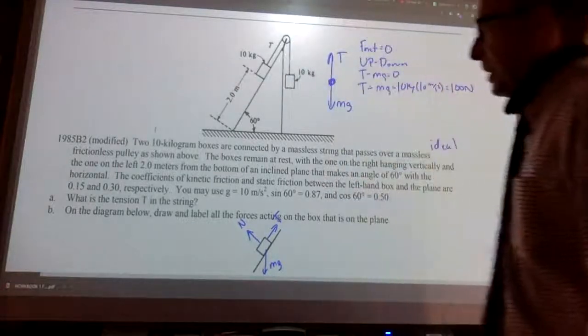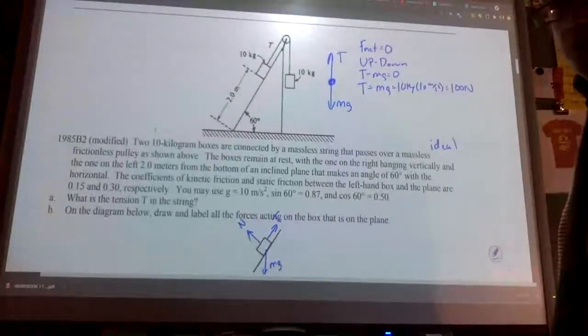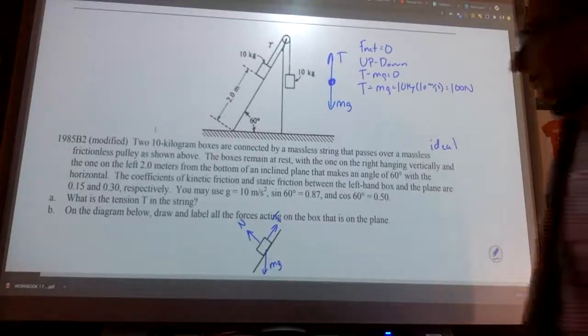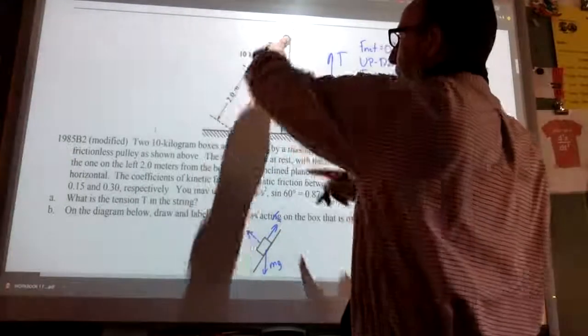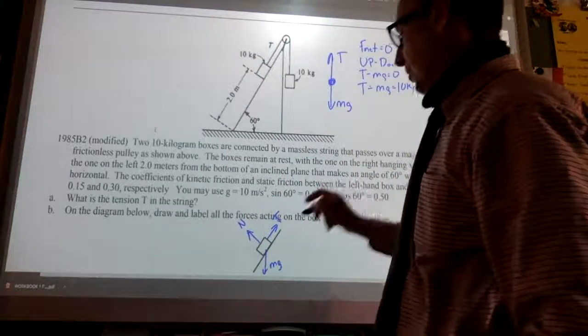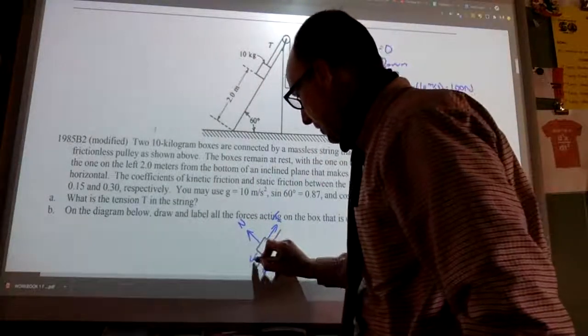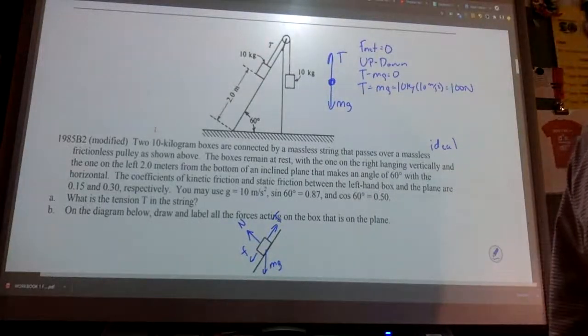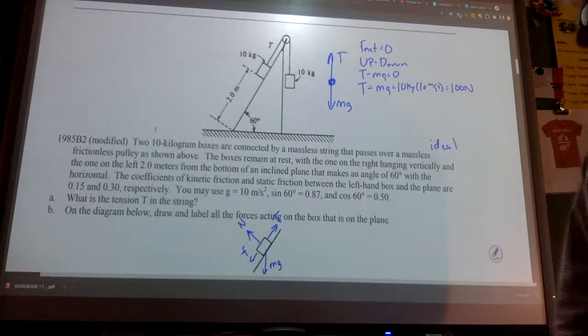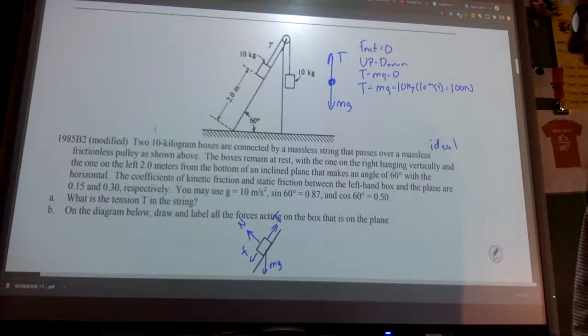It has mg going straight down, and then this one's trying to pull it up. So friction is in that direction. Friction is the retarding force. It's opposing the motion.